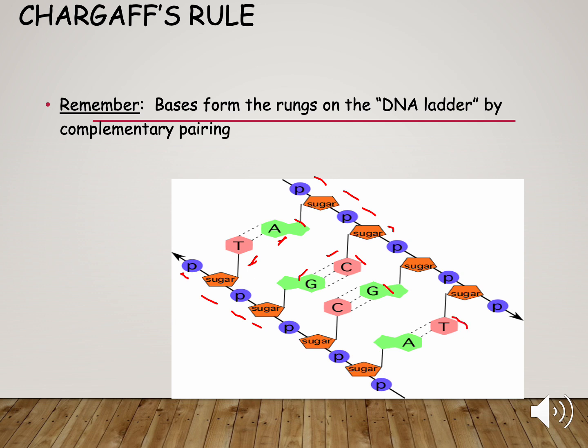That changes. There isn't a set pattern for that. That's going to indicate more about our genetics, and we'll get into that in our next unit. What you need to know is that adenine is always going to bond with thymine, and cytosine is always going to bond with guanine.